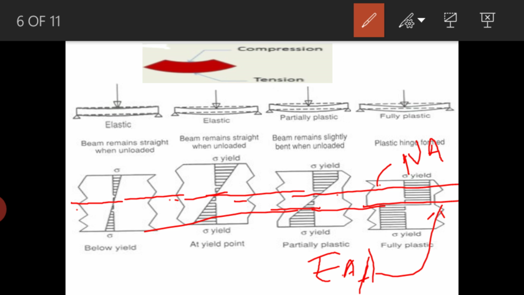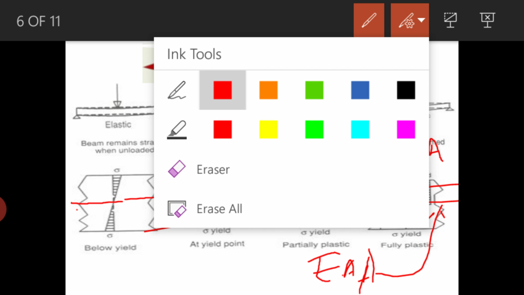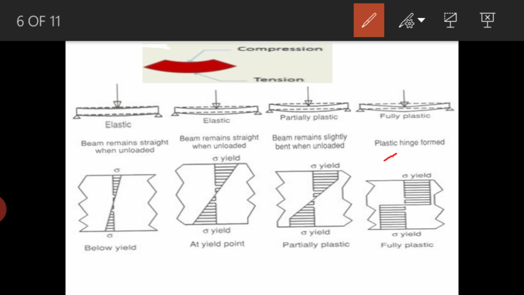Further, the beam section in this stage, stage number 4, has reached its maximum resisting capacity.